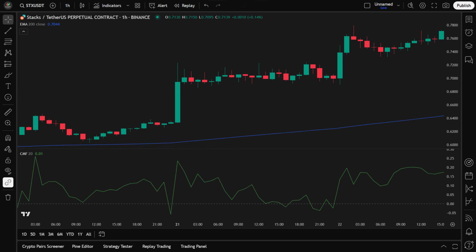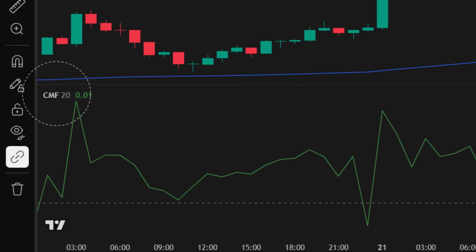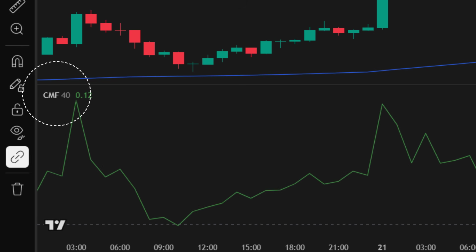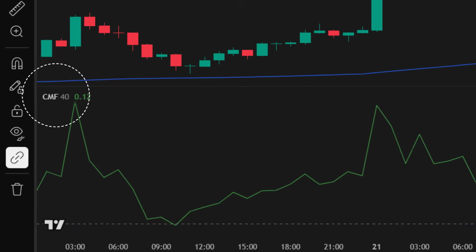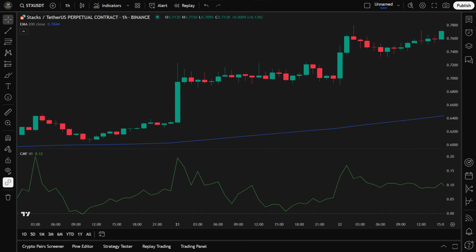Now that we understand the key indicators in our strategy, let's dive into how we can apply them to analyze trends and generate trading signals. To enter a long trade, we need all of the following conditions to be met. 1. The default CMF window is 20, but it can often be too sensitive and generate noisy signals. So, we increase the window to 40 to smooth out short-term fluctuations and better capture stronger accumulation trends. 2.